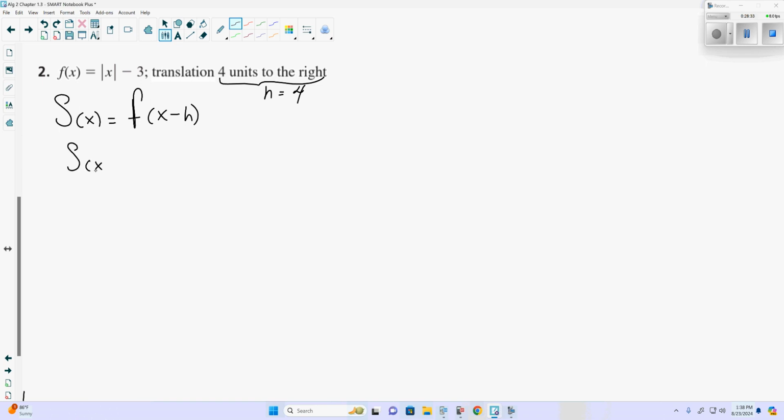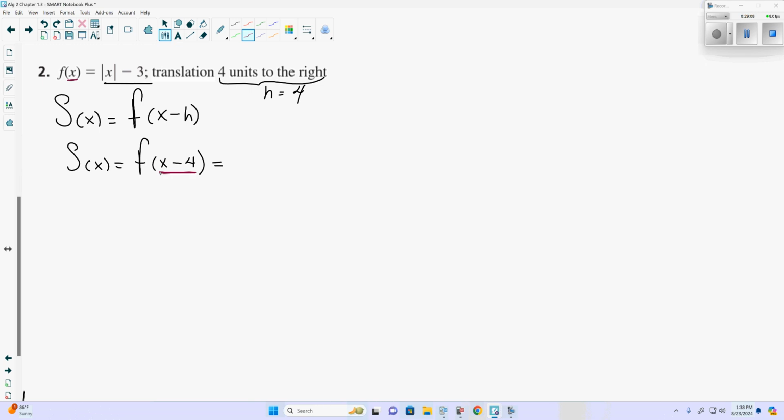So the next thing we can do is plug in our 4 in for h, giving us x minus 4. Now our original function, f of x equals the absolute value of x minus 3. But we don't have f of x anymore.